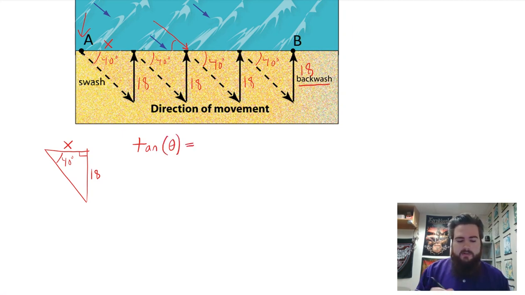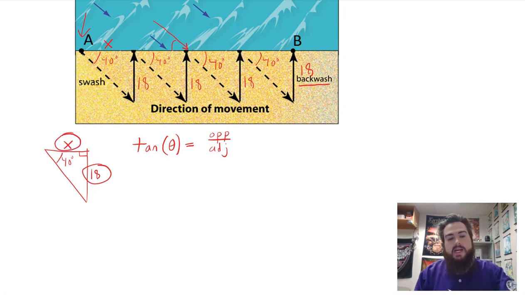Tangent of theta would be defined as the opposite over the adjacent. This is the most appropriate one to use because relative to our angle measure, 40 degrees, we have the side opposite of it, and we are trying to find the side adjacent to it.